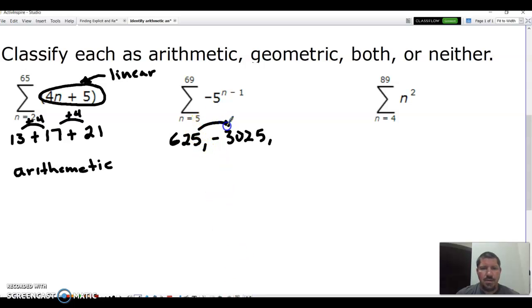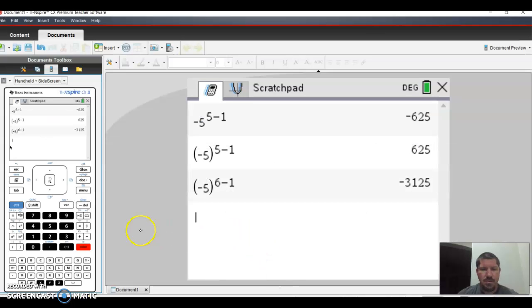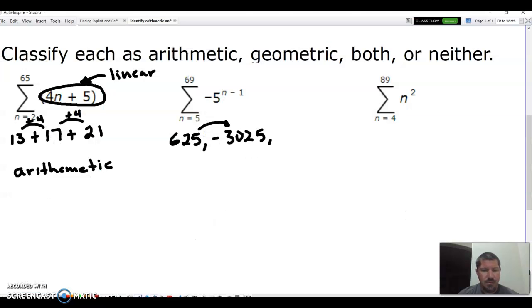So what I have to look at here is to get from here to here. If I have 625 and I multiply by -5, I get negative 3125. Let me fix this, 3125. So that was multiplied by -5.